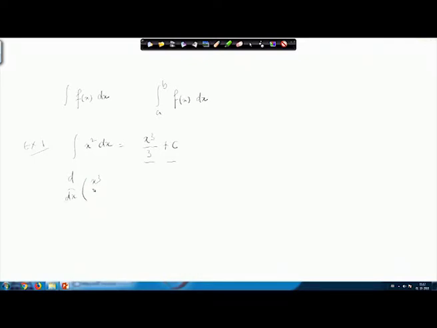If we differentiate x cubed by 3 plus c, we get x square, because the derivative of the constant is 0 and the derivative of the first term is x square. So the question is always how we can find the function whose derivative is x square.